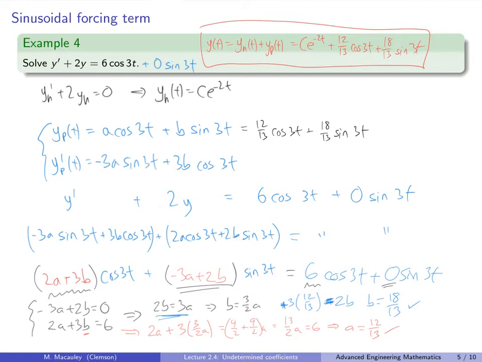Now, again, you probably learned this in your Intro to ODEs course using the integrating factor method. I'm not even sure that would have worked because you would have had to integrate the integrating factor. Yeah, it would have worked. The integrating factor, if you remember this, if you don't, that's fine, is e to the 2t, and you multiply the left and the right hand side by that. Then you have to integrate e to the 2t times cosine of 3t.